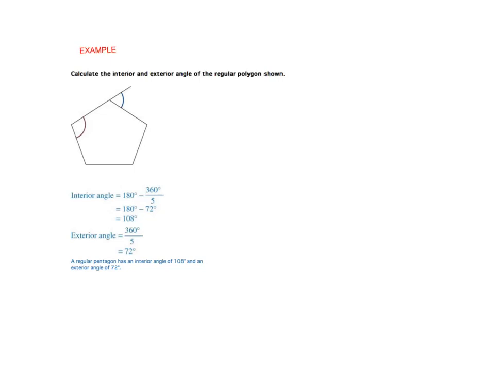All right, so here's a couple of questions. Calculate the interior and exterior angle of the polygon. So let's look at the interior. Oh, sorry, they've used red. So they wrote the formula, which was here. Interior angle, the formula would have been 180 minus 360 divided by n. So we can see that this has 5 sides.